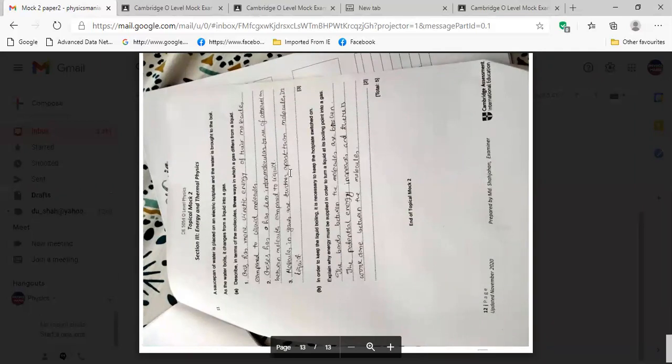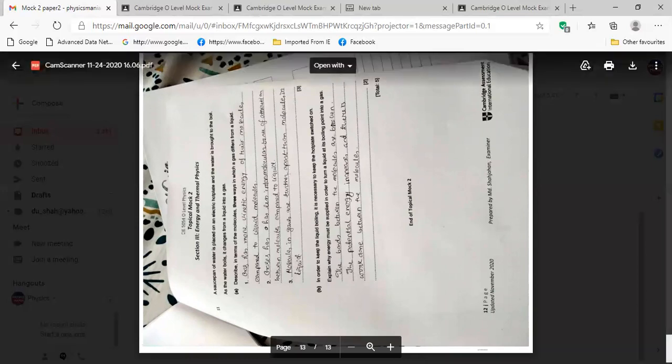In order to keep the liquid boiling, it is necessary to keep the hot plate switched on. Explain why energy must be supplied in order to turn a liquid at boiling point into a gas. Okay, let me check both together.